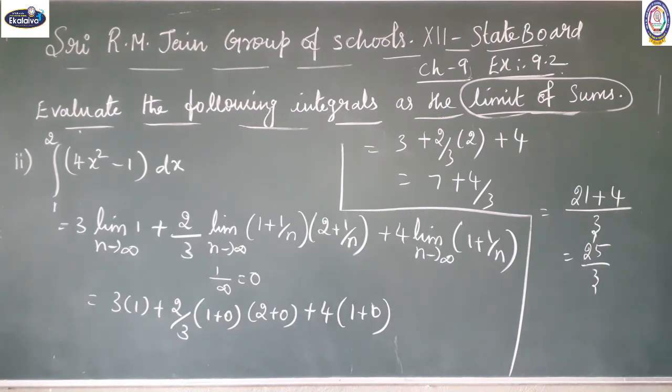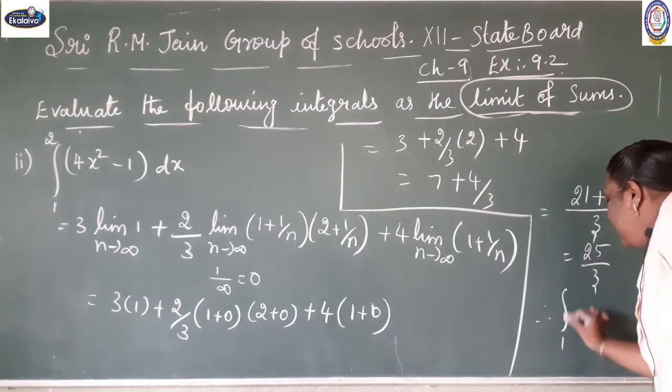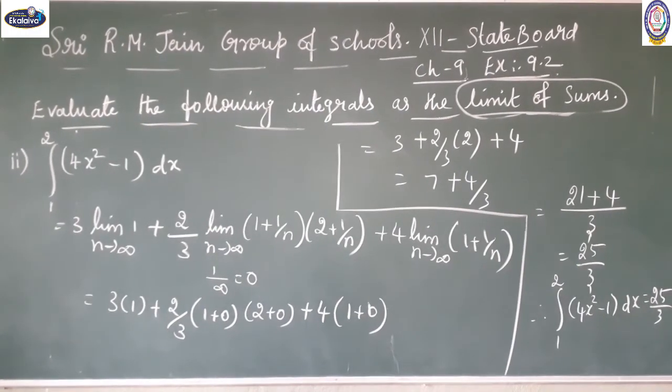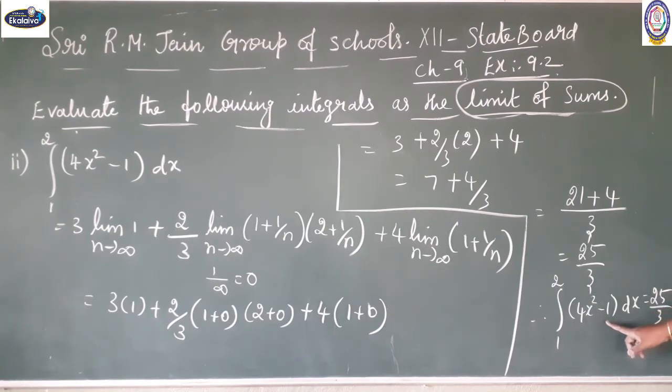Therefore integral 1 to 2 of 4x square minus 1 into dx equals 25 by 3. The value is 25 by 3.